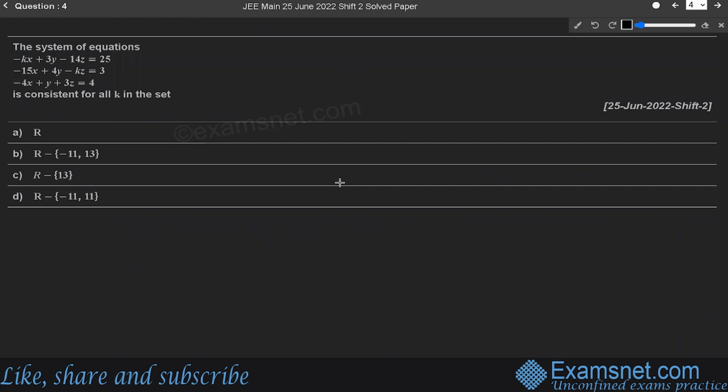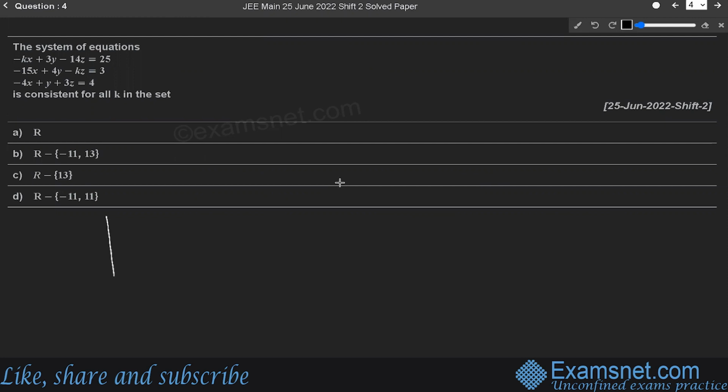Next question is: the system of equations −kx + 3y − 14z = 25, −15x + 4y − kz = 3, −4x + y + 3z = 4 is consistent for all k in the set. So, we know that it will be consistent only if the determinant is equal to 0.